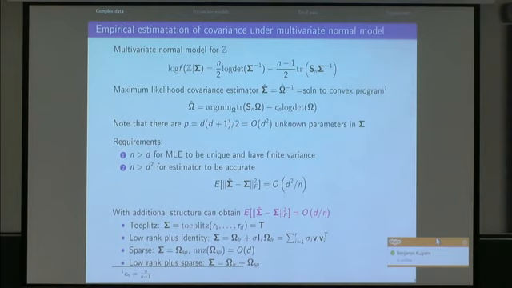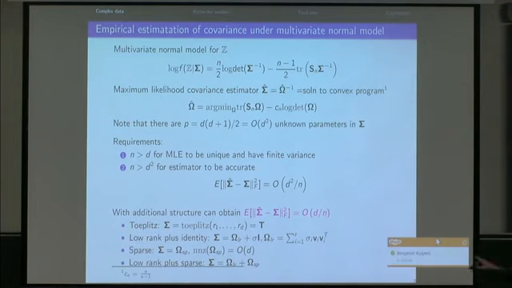So, of course, we can impose additional structure, and that's the whole point here. And the structure we're going to impose later on is this block structure I explained. But with, for example, this type of structure of Toeplitz or low rank plus identity, so Tikhonov regularization approaches to the problem, or sparsity without any particular type of patterning, where the number of non-zero entries in the inverse covariance or the covariance is of order d, low rank plus sparse, and so forth.